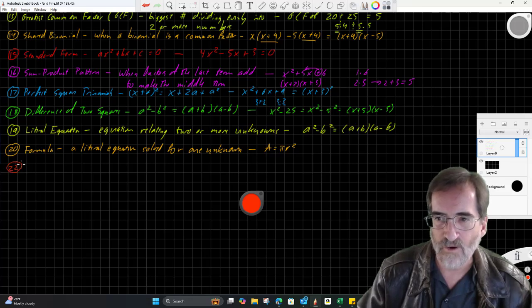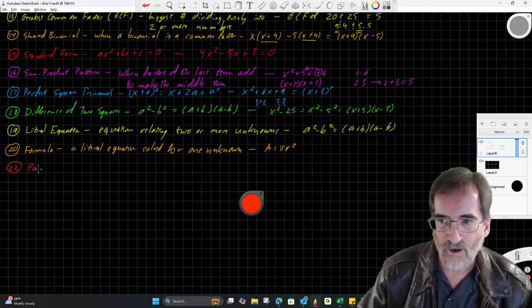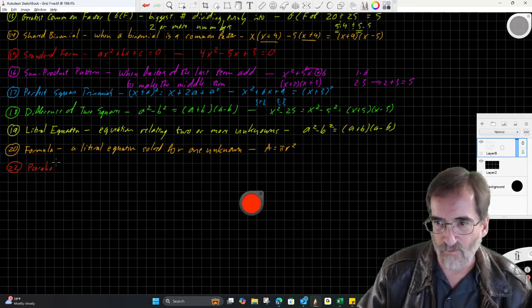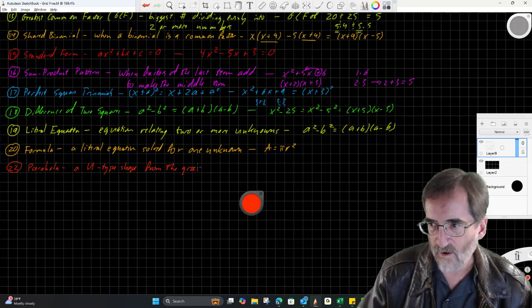22. Parabola. A U-type shape from the graph of a quadratic.